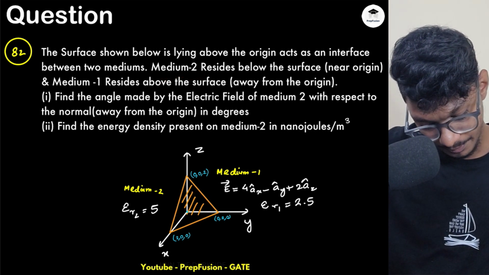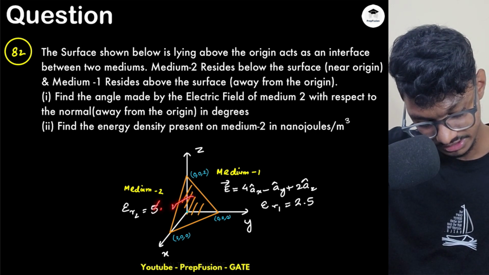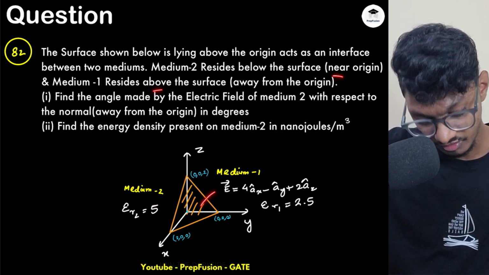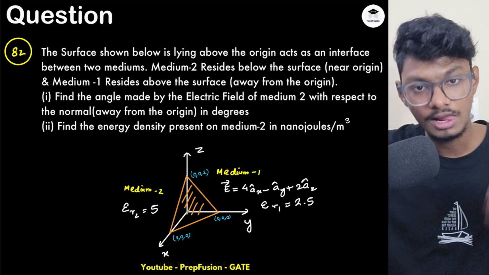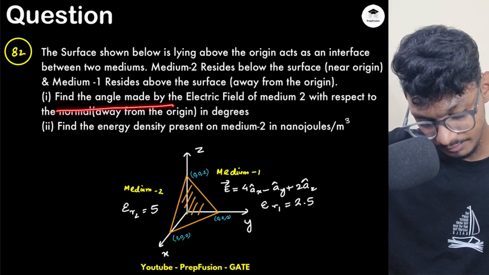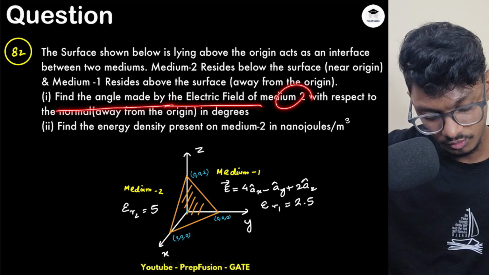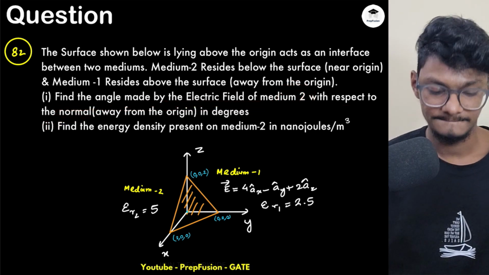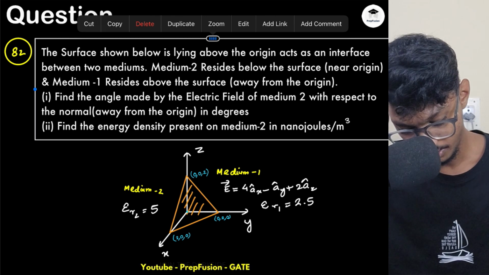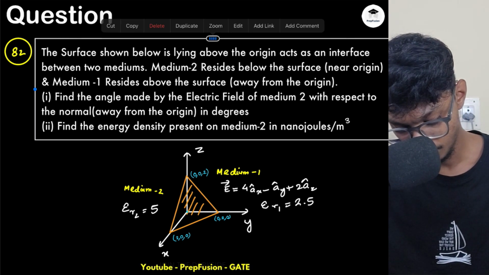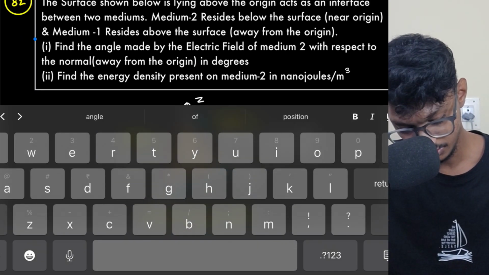Medium 2 resides below the surface, near the origin, and medium 1 is above, away from the origin. Find the angle made by the electric field of medium 2 with respect to the normal of the surface, the normal away from the origin.